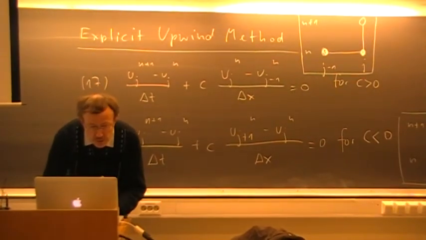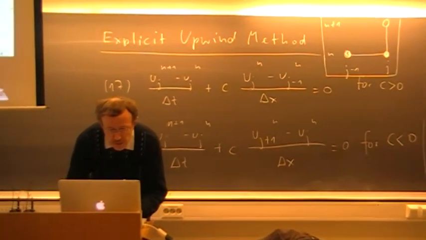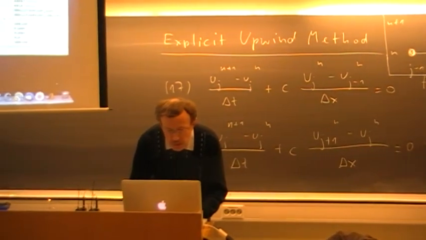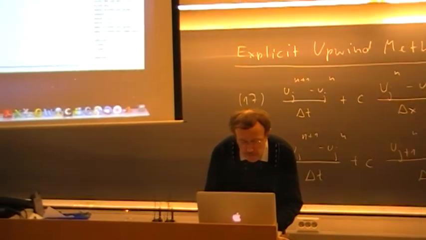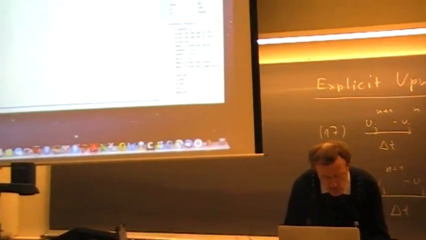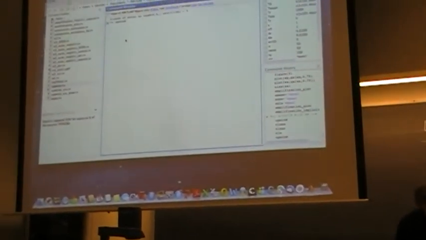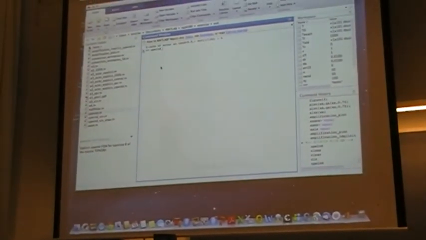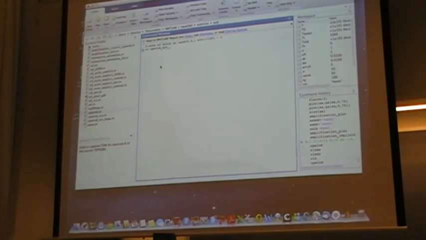Before we continue, we want to look at another problem. Here we have a discontinuity, which is interesting in itself, but now I want to look at a sine wave propagating, and here we will have periodic boundary conditions, so that when the sine wave is leaving to the right, the value there is entering from the left.